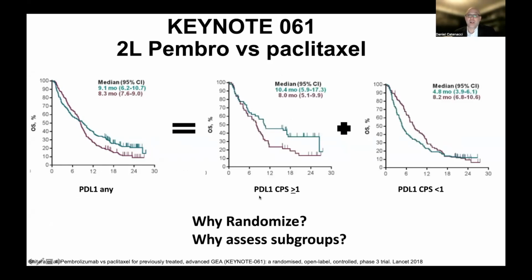Amongst those who had PD-L1 positive tumors defined by CPS score of 1 or higher, patients did better with pembrolizumab compared to paclitaxel monotherapy. On the other hand, patients that had a tumor PD-L1 CPS score of less than 1 actually did worse than what might be considered an inferior control arm, where remember, paclitaxel plus ramucirumab would look a little bit more to the right of what this purple curve even shows.